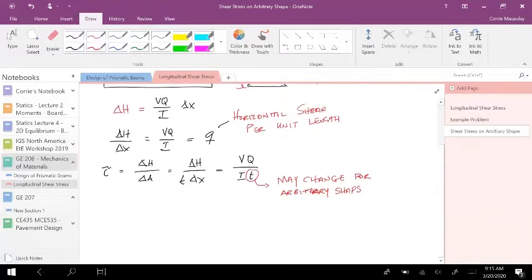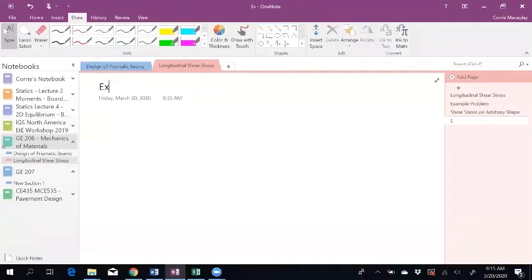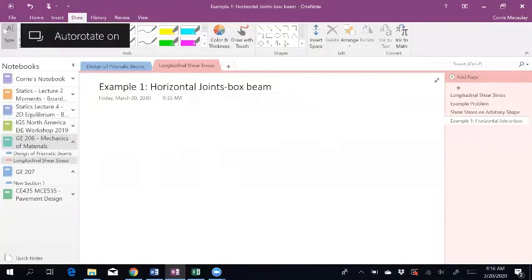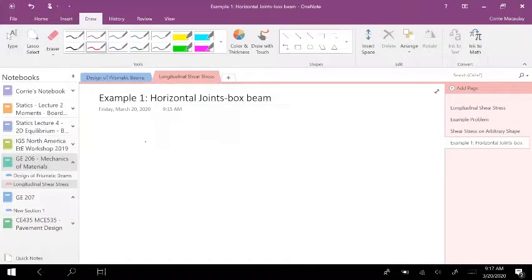So let's try to work maybe an example problem. Let's just say example one, for example, a box beam. All right, so we have a square box beam, and the cross section of that beam.